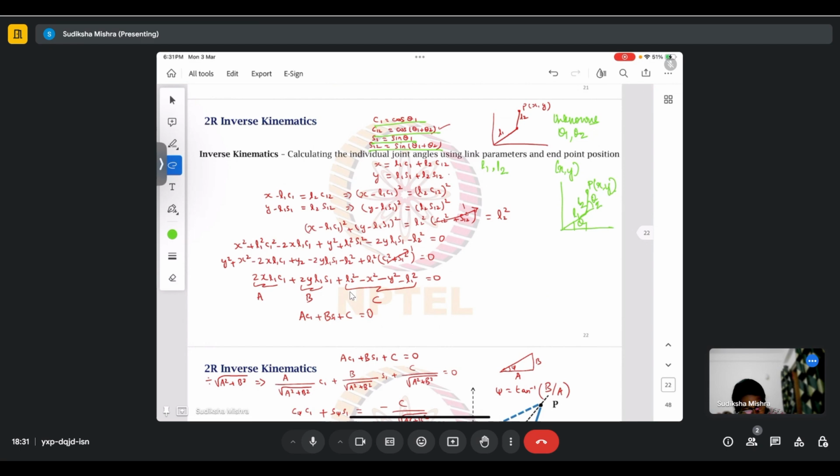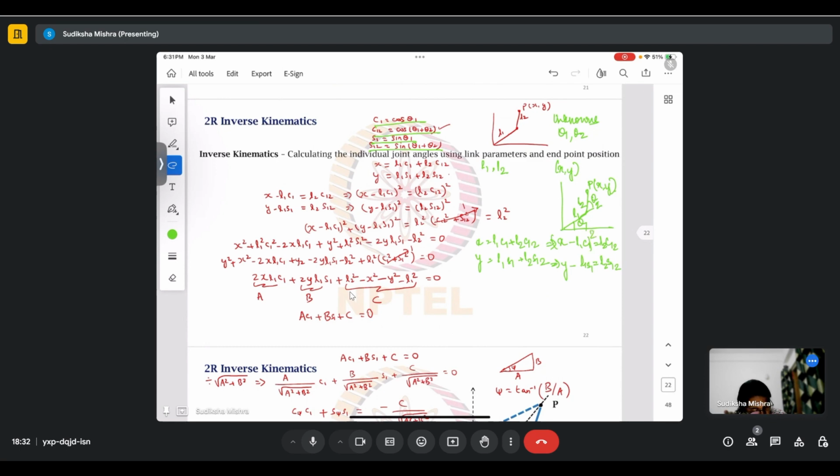Okay, so x can be written as L1 C1 plus L2 C12, and y can be written as L1 S1 plus L2 S12. Converting this becomes x minus L1 C1 is equal to L2 C12, and y minus L1 S1 is equal to L2 S12.